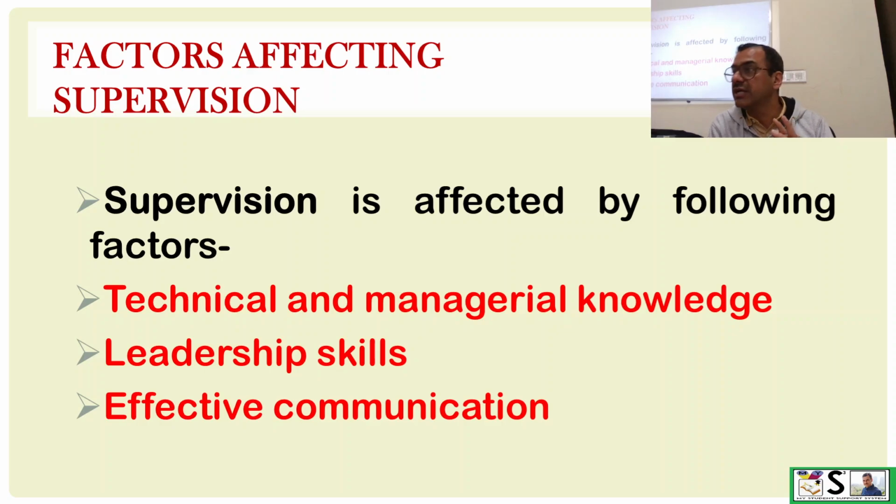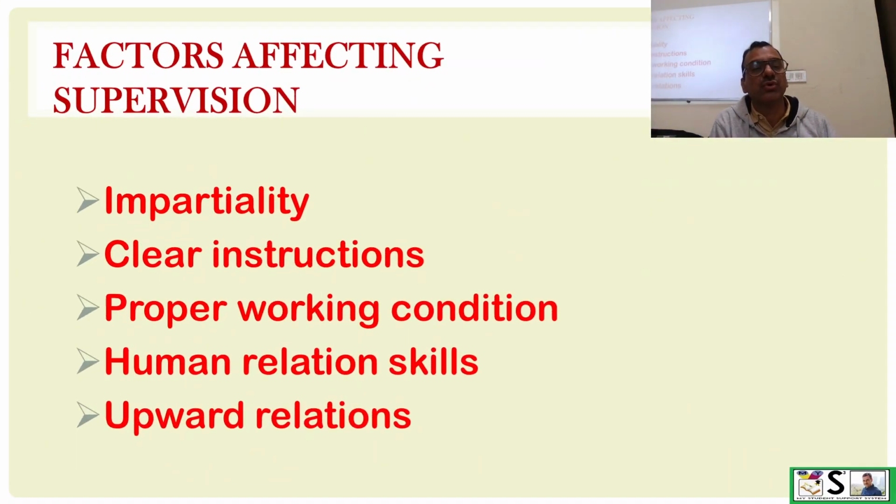Third, effective communication, that is, whether the supervisor is a good communicator or not. Then impartiality, how impartial the supervisor is. Clear instructions, meaning whether the instructions which the supervisor gave to the subordinates were clear or not.